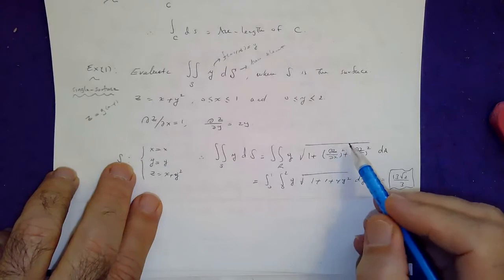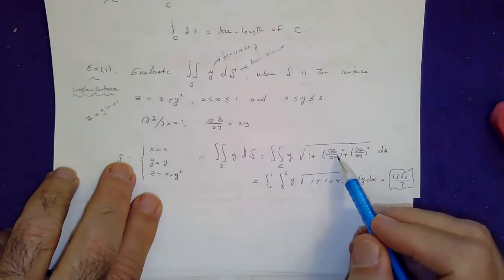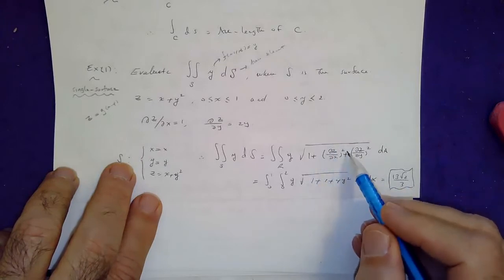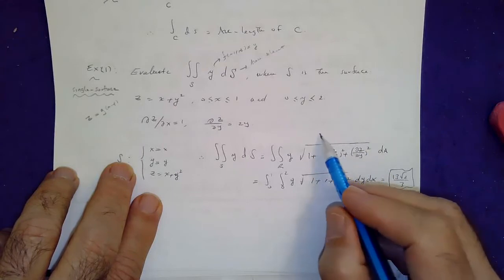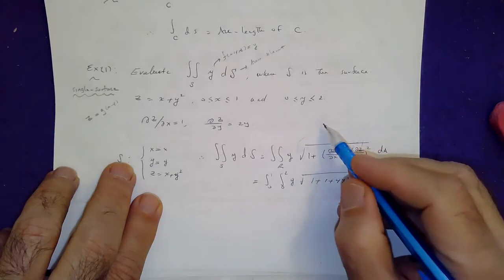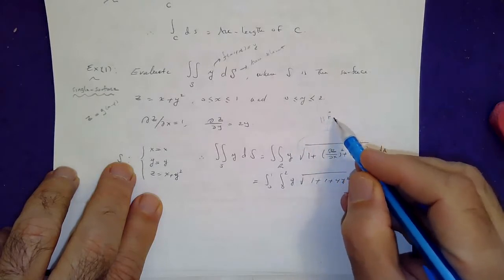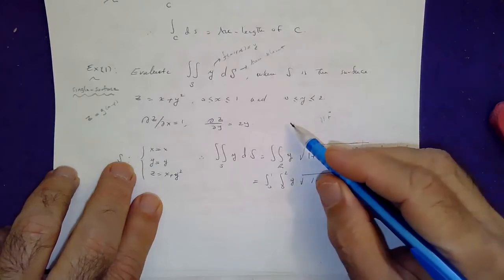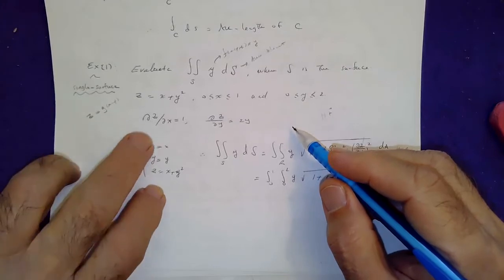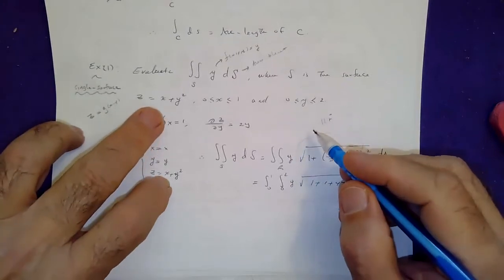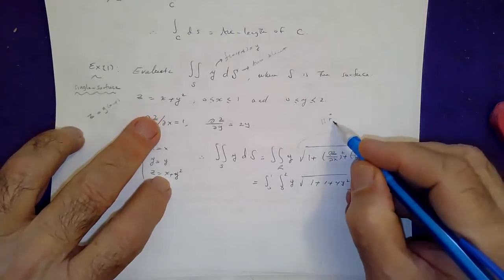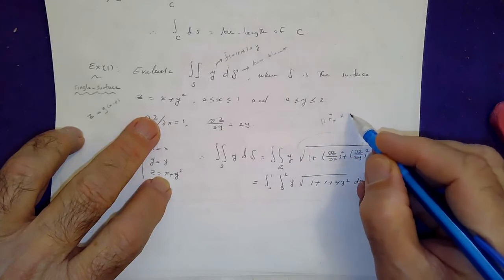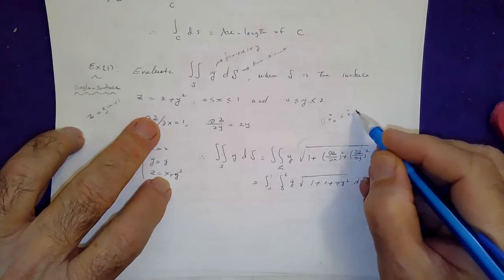So this is the square root of 1 plus partial z with respect to x squared plus partial z with respect to y squared. This is equivalent to, if you were to express the equation of the surface in parametric form, the magnitude of partial of r with respect to x cross partial of r with respect to y.